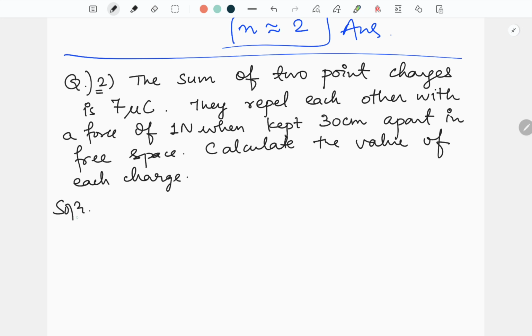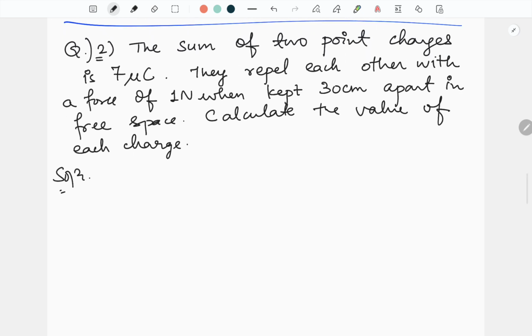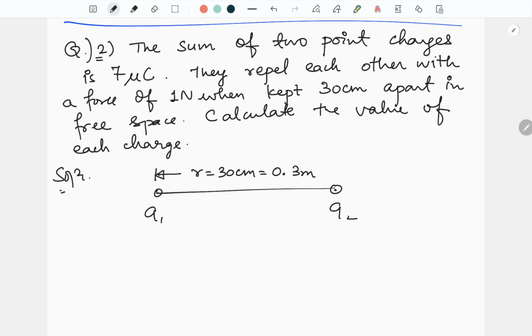So here again I think we have to assume the value of q1 as q and q2 as 7 minus q. So this is q1, this is q2. They are separated by a distance of 30 centimeters. So 30 centimeter in meters becomes 0.3 meter, and they are repelling each other with a force of F, and F is equal to 1 Newton.